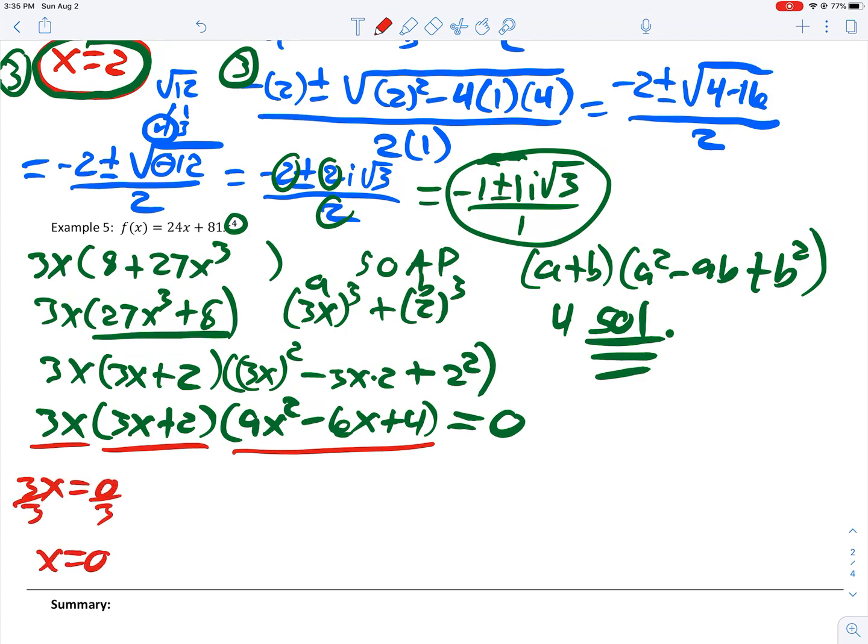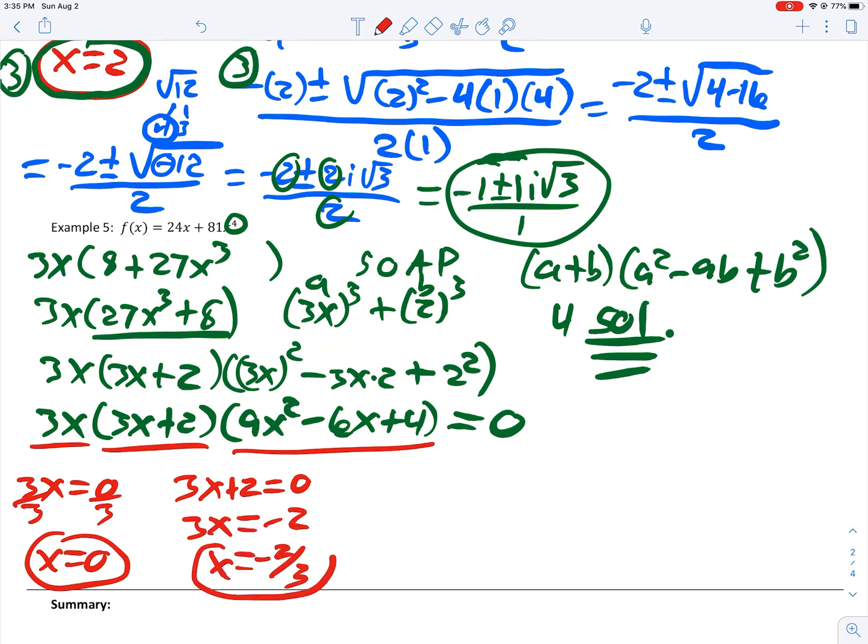So 3x equals 0, divide by 3, so x equals 0. 3x plus 2 equals 0. Subtract 2, divide by 3. There's your second solution. So I have 2 real solutions. And now I'm going to have to do the quadratic formula to get the 2 imaginary.